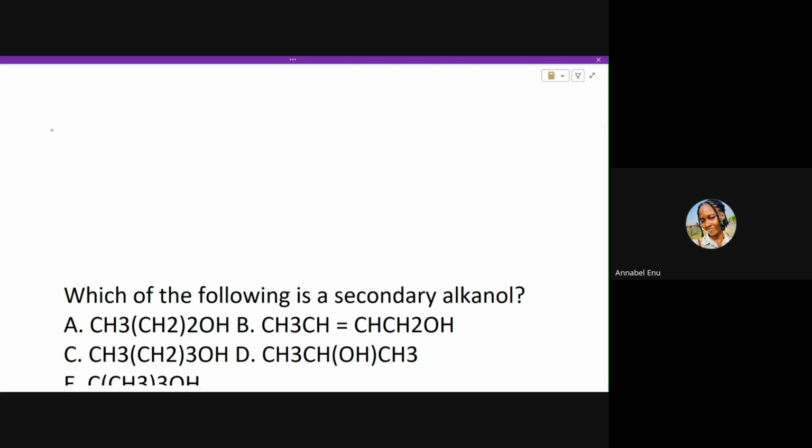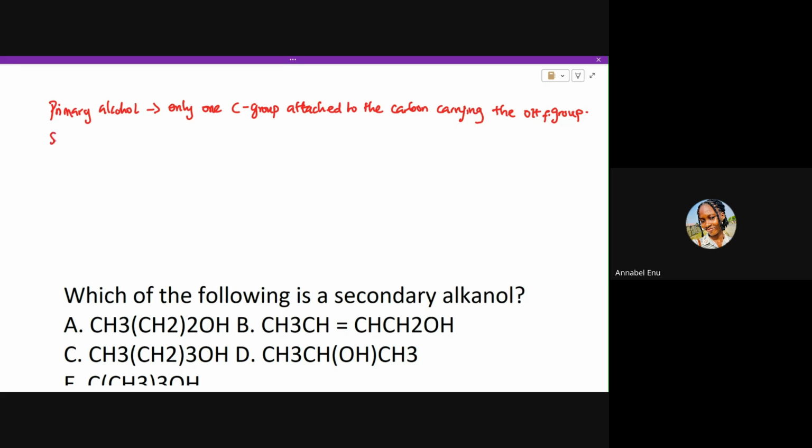Now, alcohols can be categorized into primary, secondary, or tertiary. Primary alcohols are alcohols that have only one carbon group attached, please jot this down, to the carbon carrying the OH group, which is the alcohol functional group.